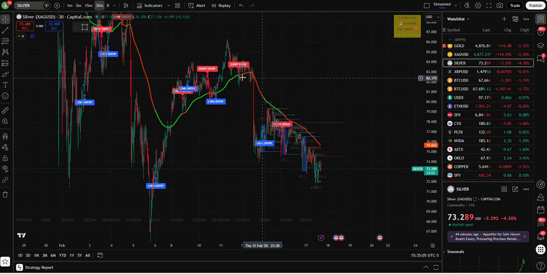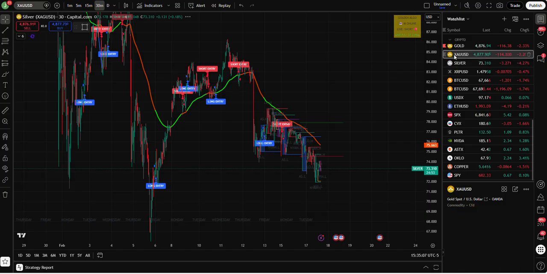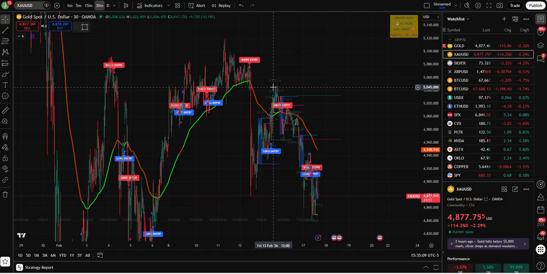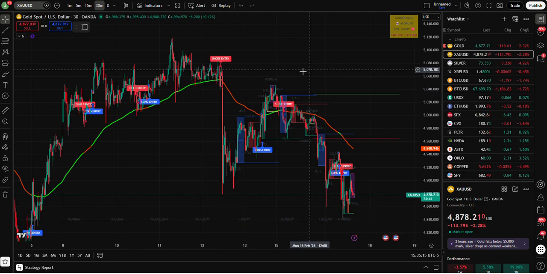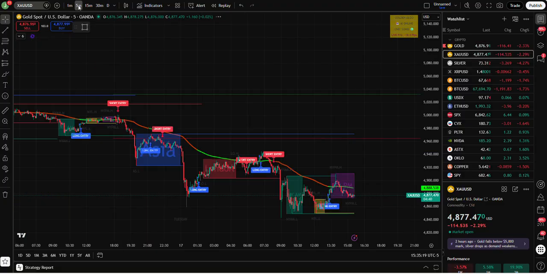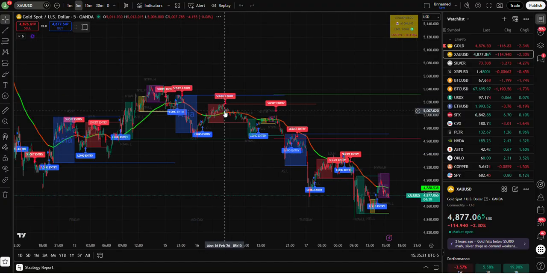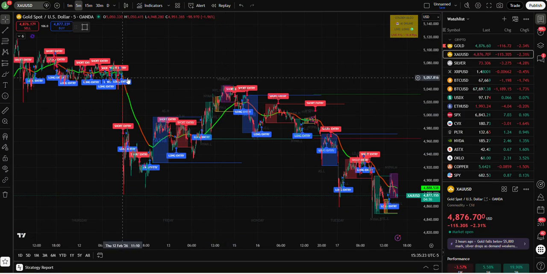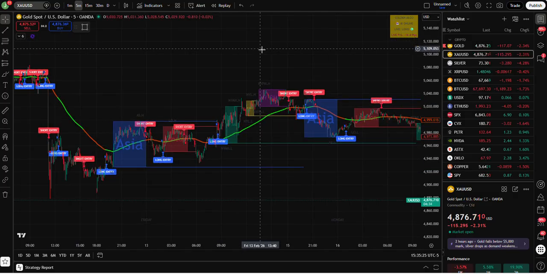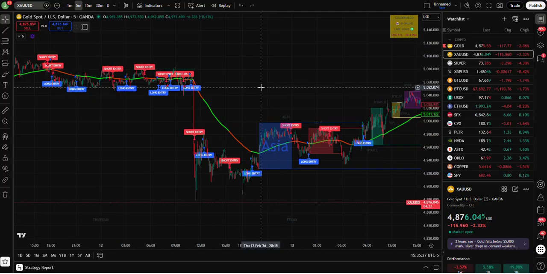because I caught this move yesterday, on gold. Yesterday, this was a 17K move. I could see that, so I got the confirmation. I saw the 30-minute pop up with a sell, and not long after, it's this one, the 5-minute.